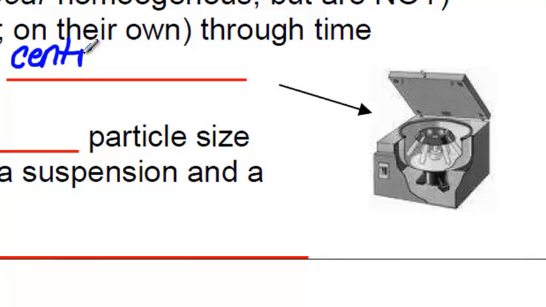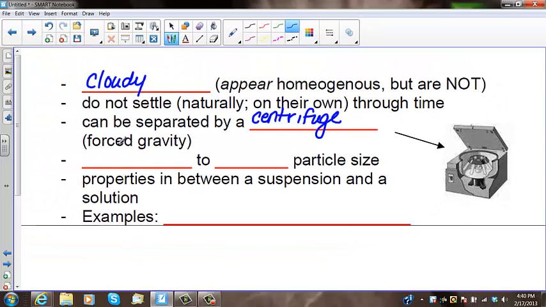And I have one of these in the back of the room, which spins the substance at such a high speed that the particles separate due to gravity. Medium to small particle size. They're not a suspension because they don't separate out on their own, and they're not a solution because they're not completely clear. A good example of this would be blood and milk.